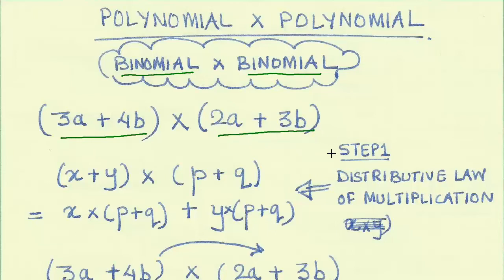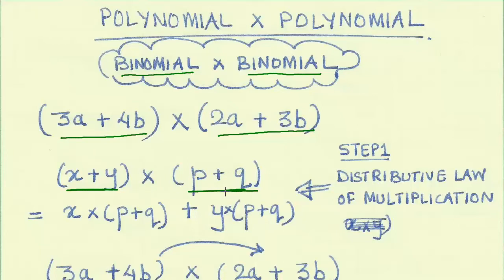Now in this we are going to use the distributive law of multiplication in the first step. I've shown here the distributive law of multiplication, which says that if you have a product of two sums, so we have x plus y and p plus q, these are two sums and we have to take the product of them.